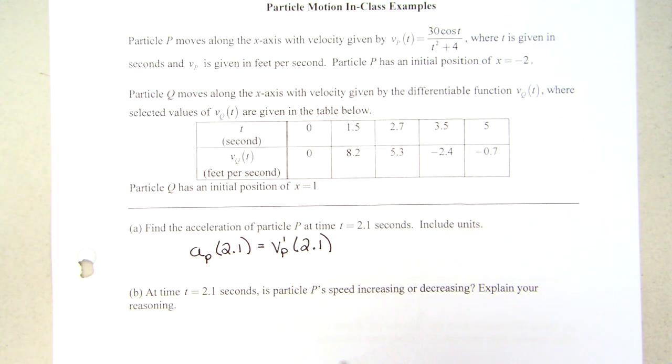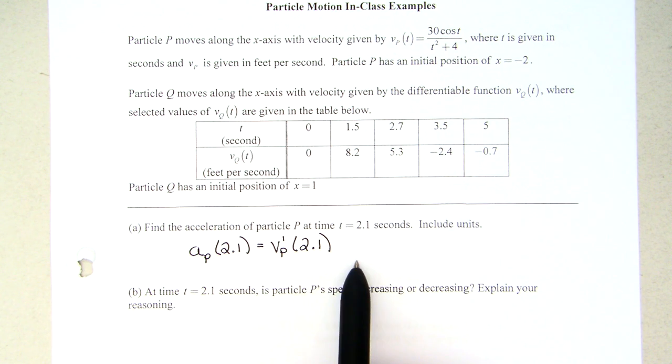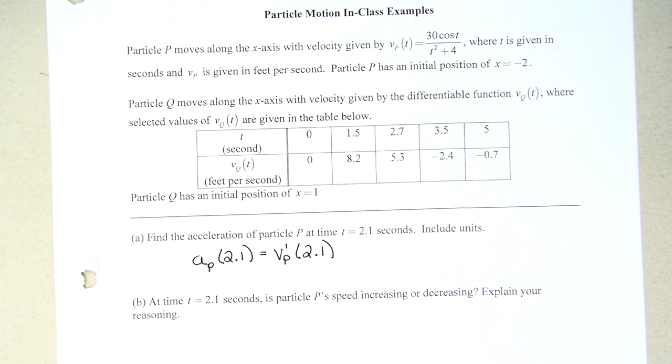Now, how do you do the derivative? On the calculator, do your nDeriv stuff. Make sure you're right in that line, then go to the calculator. And also, since there were units given in this problem, see if you can figure out your units.